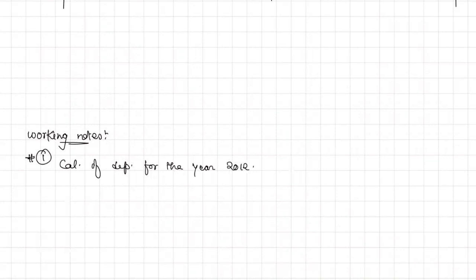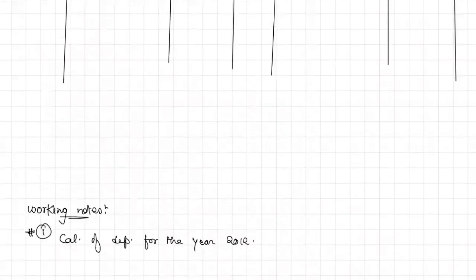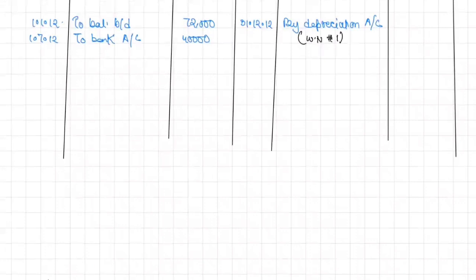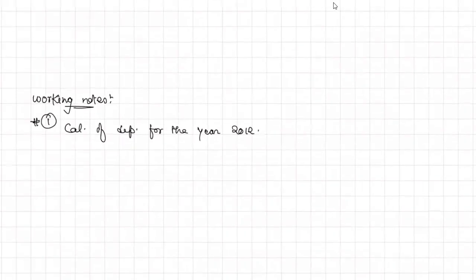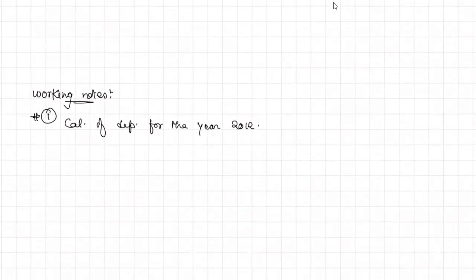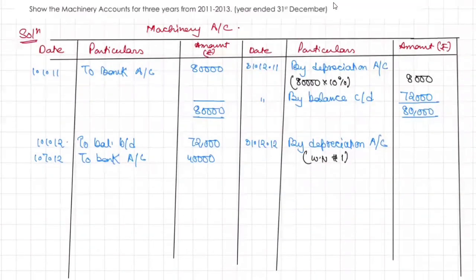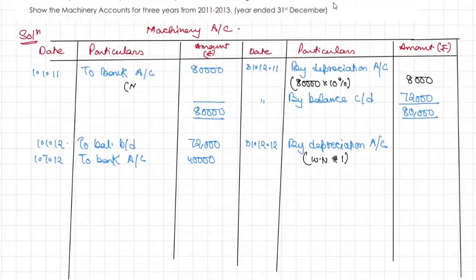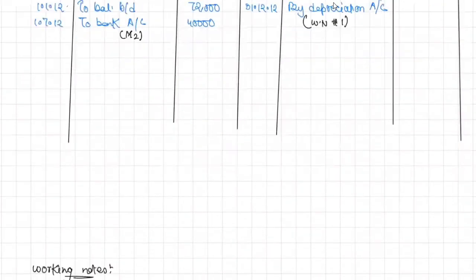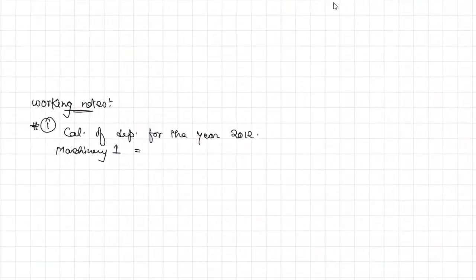2012. Correct. Now see, there is one machinery which is there for the whole year. So what will happen for that whole year machinery? Full depreciation will be provided. Correct. So for bank, let's name it M1 and let's name it M2.